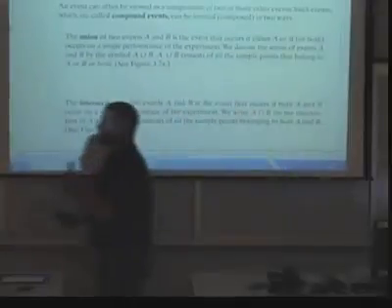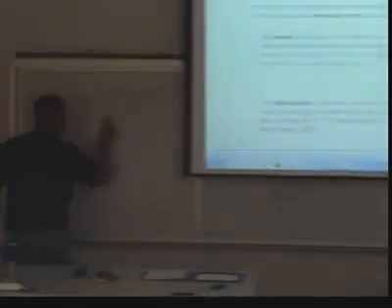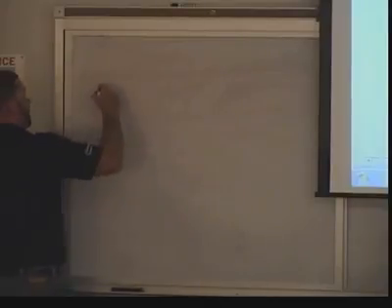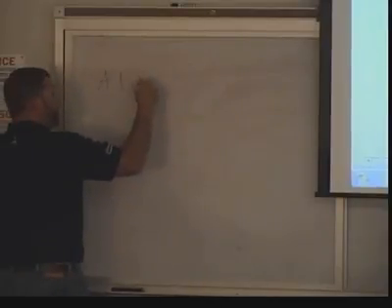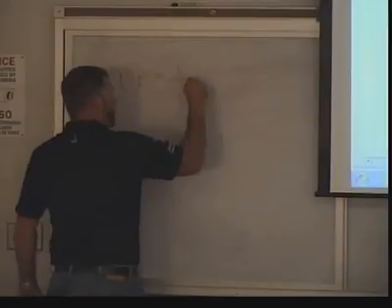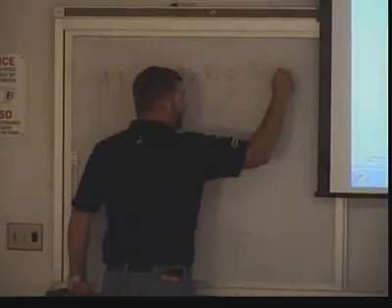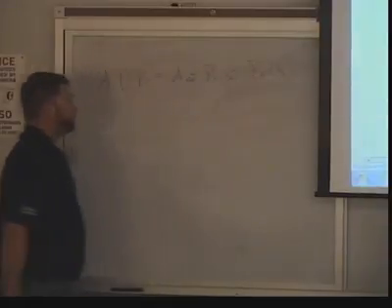And I'll give you a little trick for how I remember it means or. So, A union B is equal to A or B or both. And I'll go ahead and put both in parentheses. So if it occurs in both, it's still in the union.